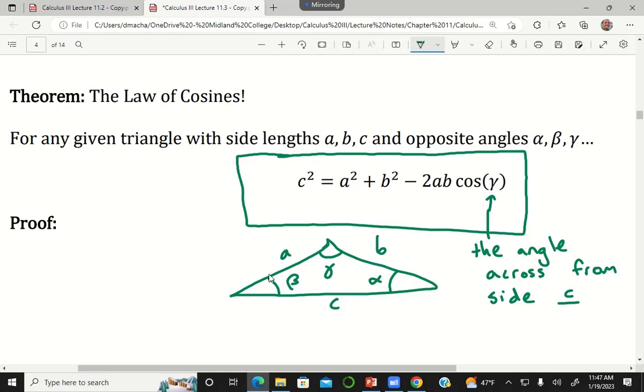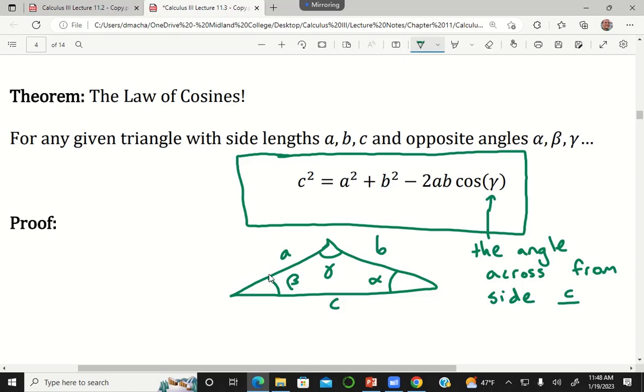But this is a lot like the Pythagorean theorem, but it's sort of a generalization of the Pythagorean theorem. To use the Pythagorean theorem, that angle, gamma, has to be 90 degrees. And if the angle gamma is 90 degrees, then cosine of 90 degrees would be 0. And so that last term would go away and you would have the Pythagorean theorem.